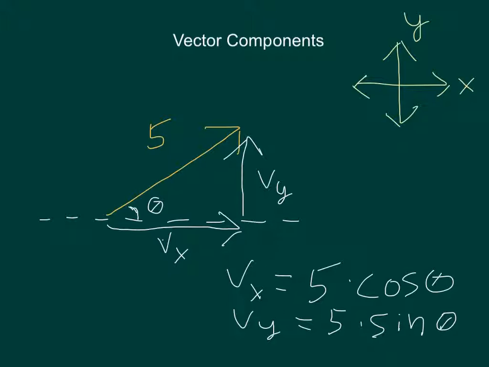And if you want to know specifically where I got this and this from, how I knew it was sine and cosine, feel free to ask me in class. It goes back to just using SOHCAHTOA, and I kind of rearranged it in one fell swoop. So if you just want to see a more explicit explanation for where this came from, feel free to ask at the beginning of class on Monday.